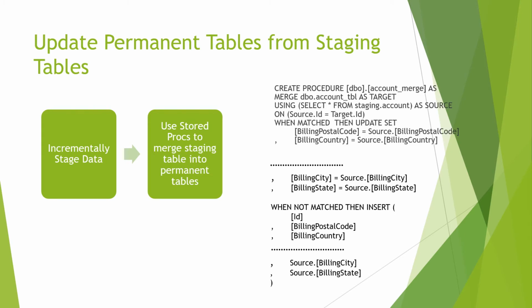And our stored procedures are going to look pretty much like this. Just make use of the SQL merge statement to merge the data in staging into the target table based on a primary key.